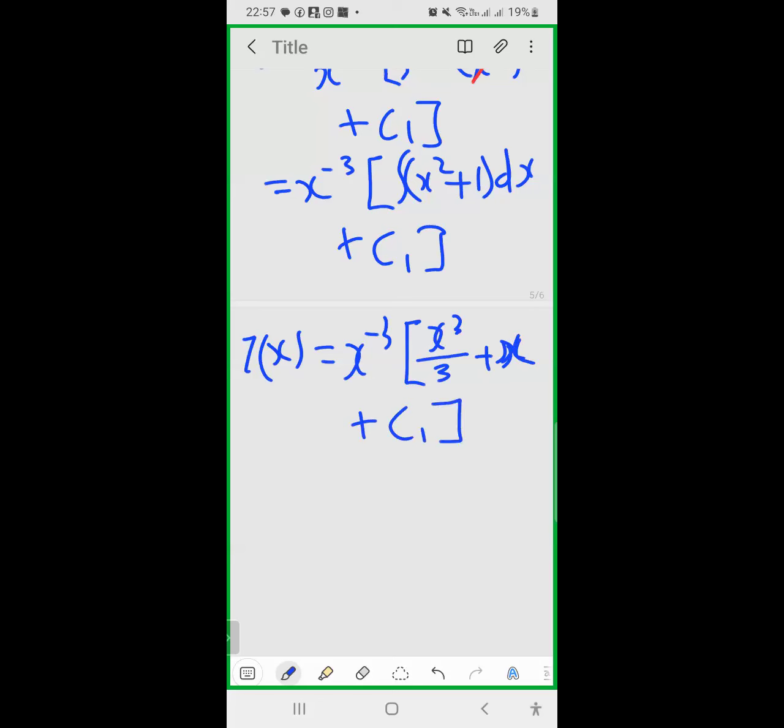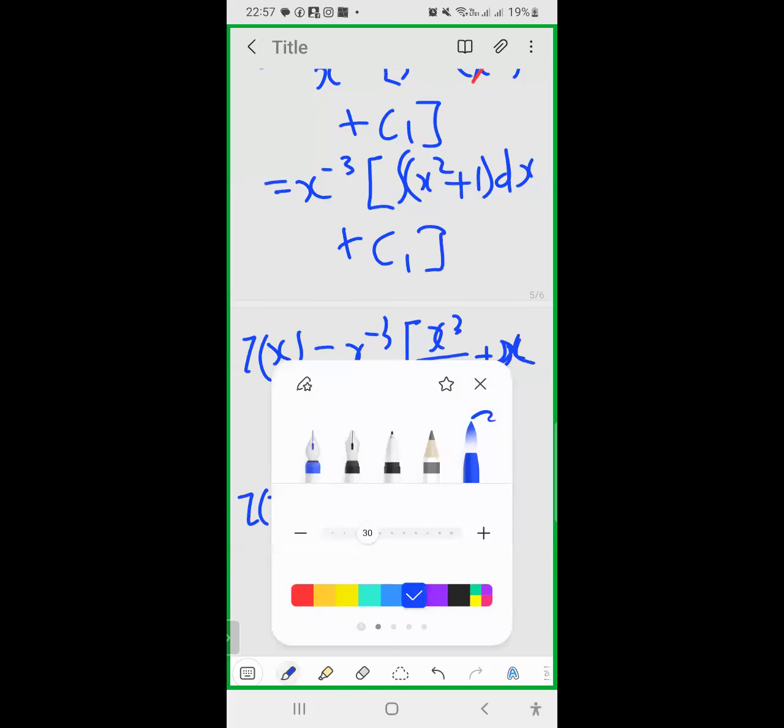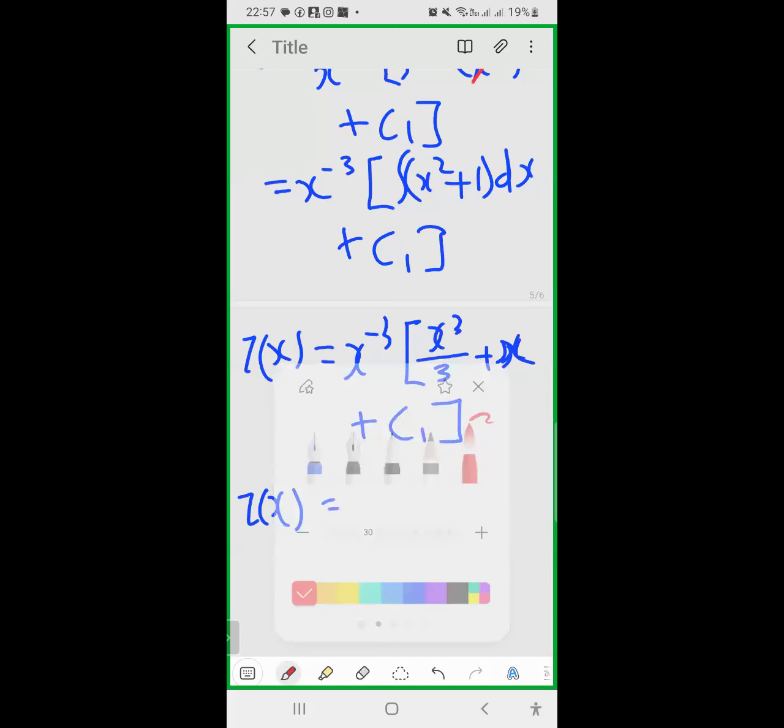Therefore, we multiply x to the power minus 3 with all terms that are inside the brackets.